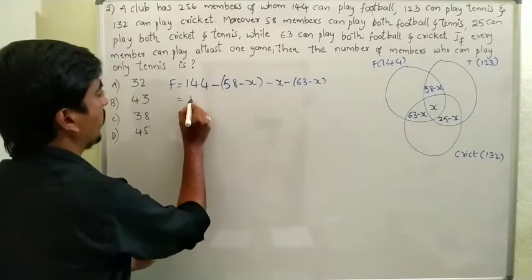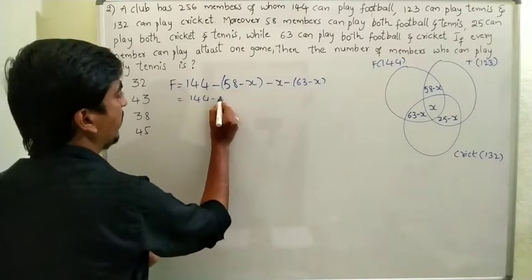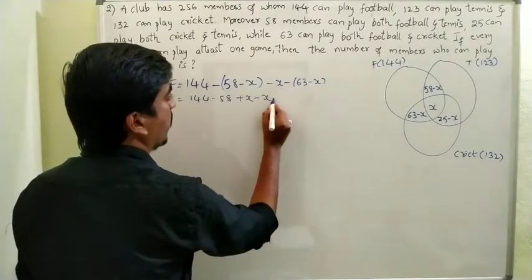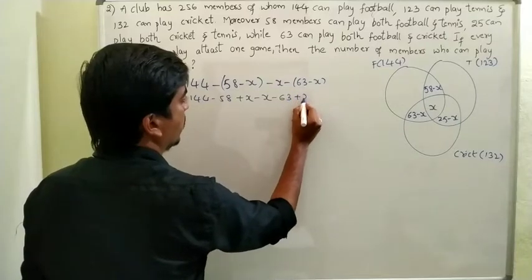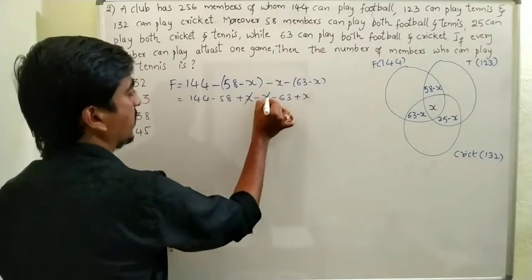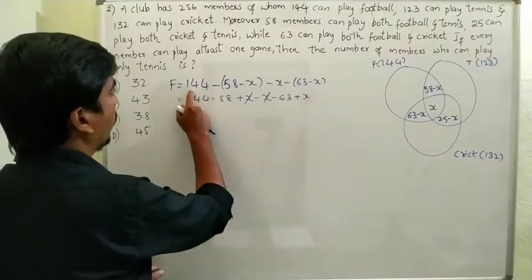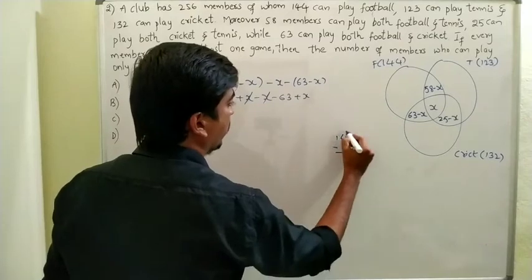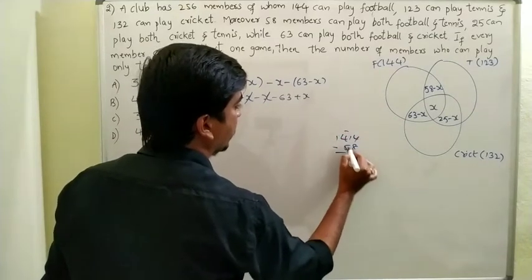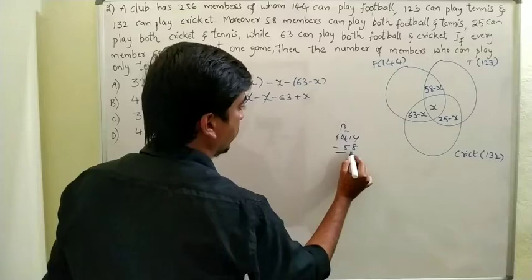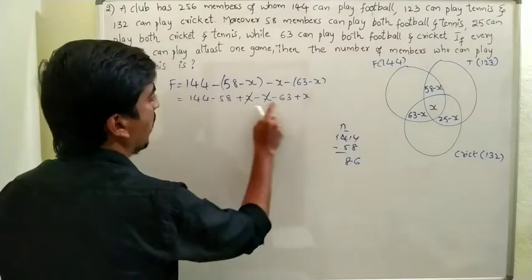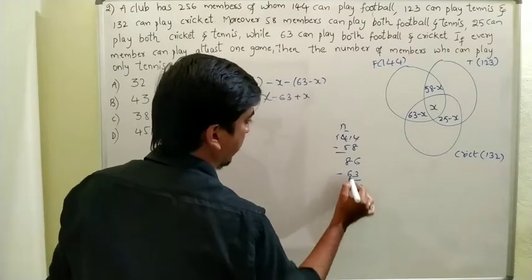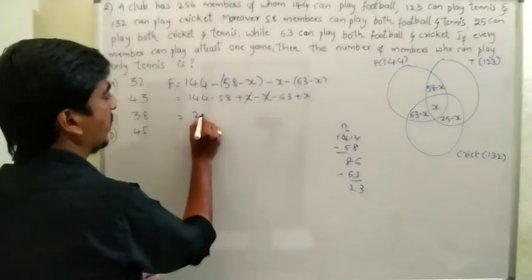So we get 144 minus 58 plus X minus 63 plus X. Here minus X plus X get cancelled. 144 minus 58 is 86, and 86 minus 63 is 23.